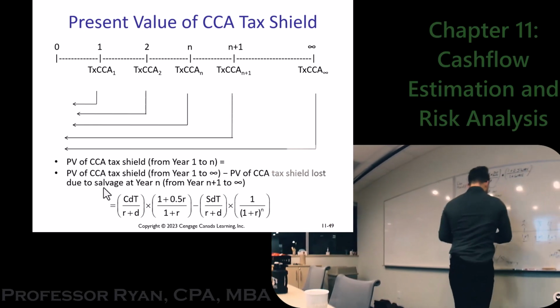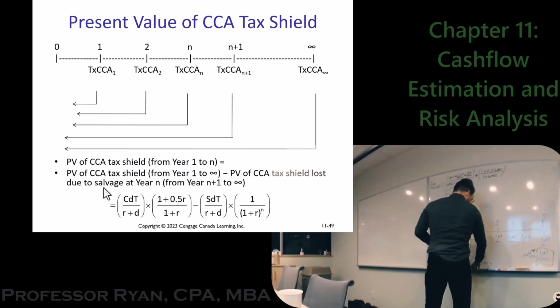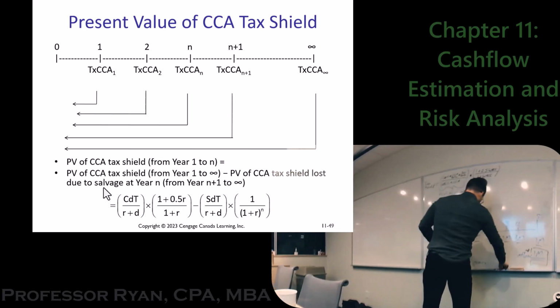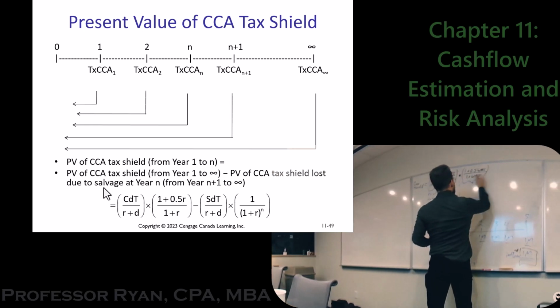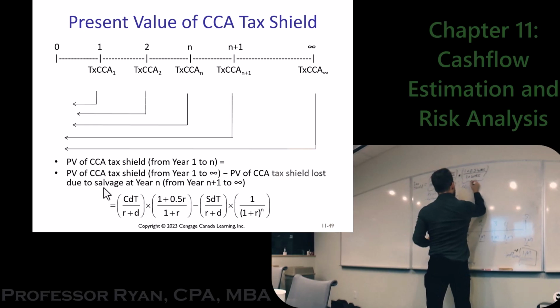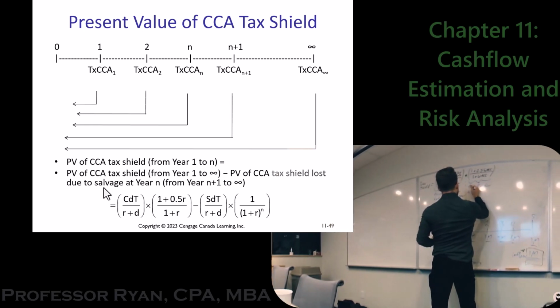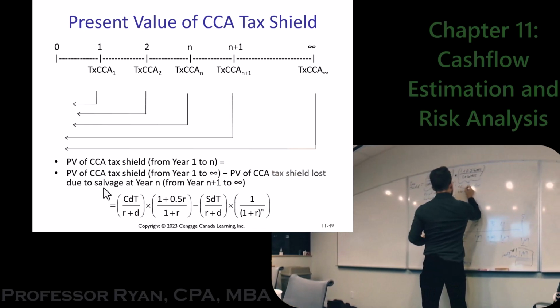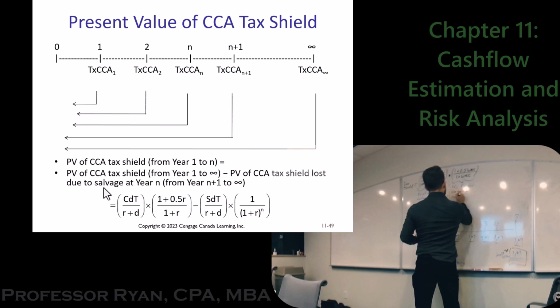So when we do this, we are adjusting just the PV for the half year rule, which hits in the first year.